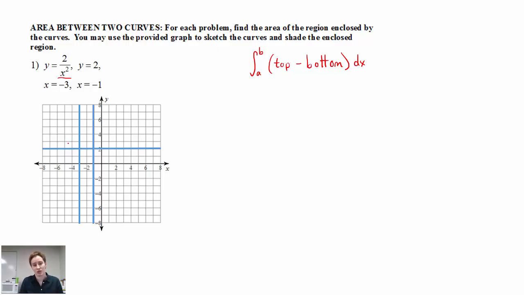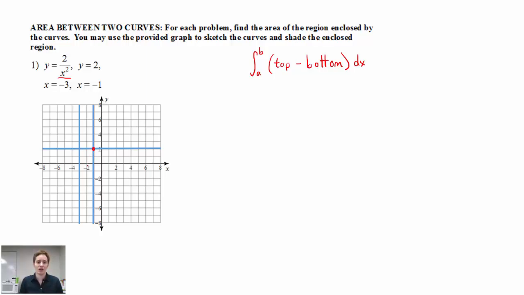Now, to graph 2 over x squared, you either need to plug into y equals and look at the table of values as well as the graph to see what's happening, or if you're not allowed to use your calculator for some reason, you would plug in numbers for x to figure out what the y values are. And it's really not that hard to do on this one. You can pick -1 since we know that we want to be over here where all of our lines are. When I plug in -1, I get 2.